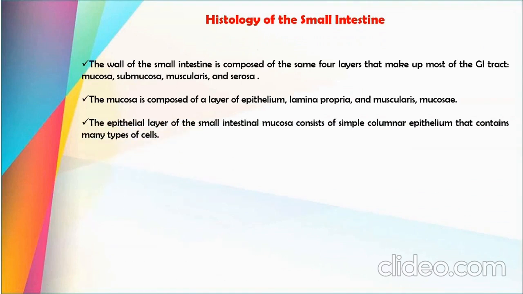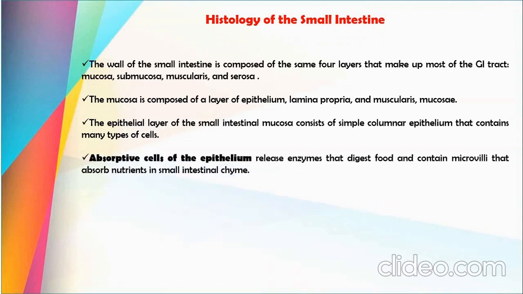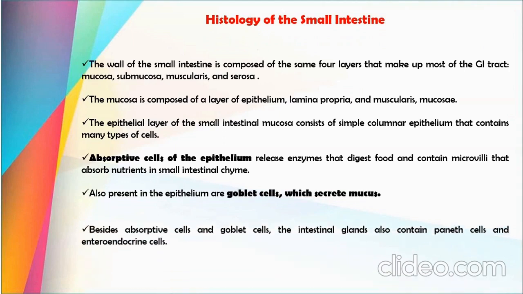The epithelial layer of the small intestinal mucosa consists of simple columnar epithelium that contains many types of cells. Absorptive cells of the epithelium release enzymes that digest the food and contain microvilli that absorb nutrients in the small intestinal canal. Also present in the epithelium are goblet cells, which secrete mucus.